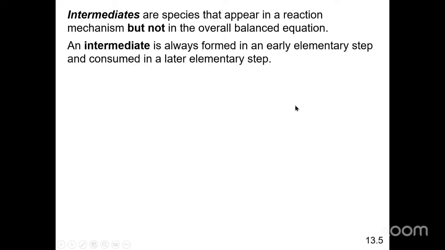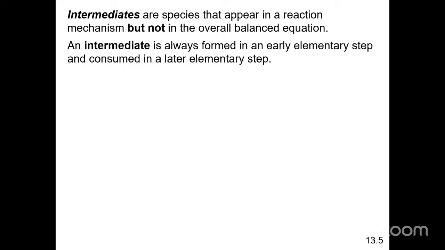A couple of things we need to say about mechanisms. In mechanisms, you have certain species that are called intermediates. The intermediates are those species that appear in the mechanism, but do not appear in the overall equation. The reason is that the intermediate is always formed in an earlier step, but used up in a subsequent step.